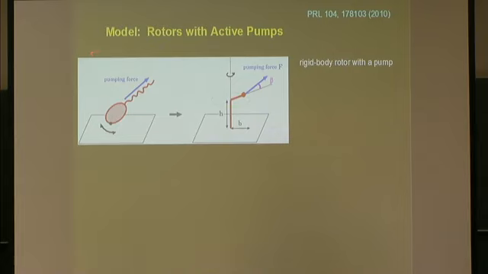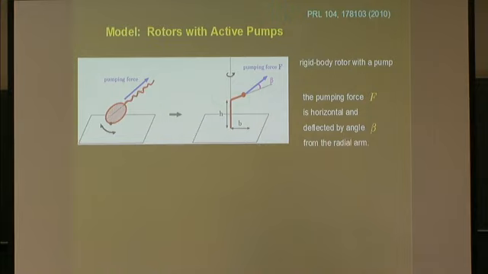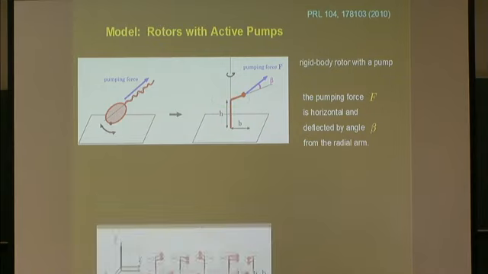We replace the pumping force of the flagellum by a constant force F, which makes an angle beta from the radial direction, and it's also assumed to be horizontal. Ideally beta is 0, but in reality the axis of the flagellum is deviated from the center of attachment, or the pivot point. So we include this angle beta for generality.